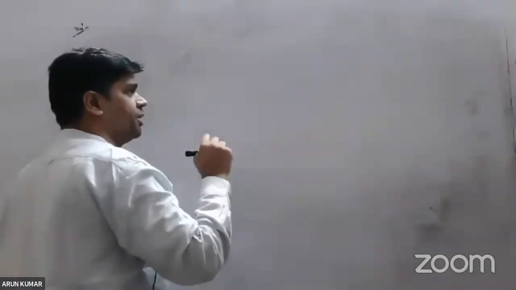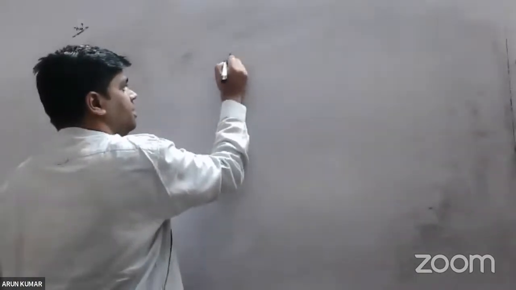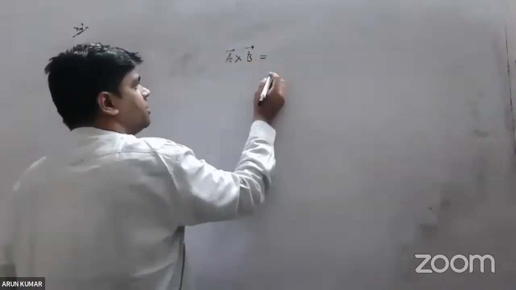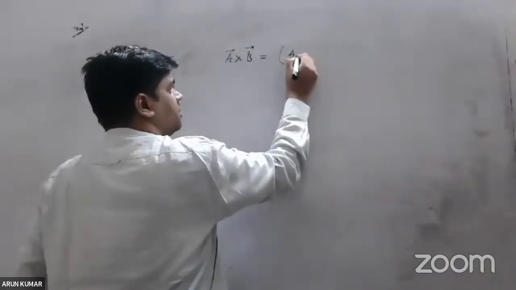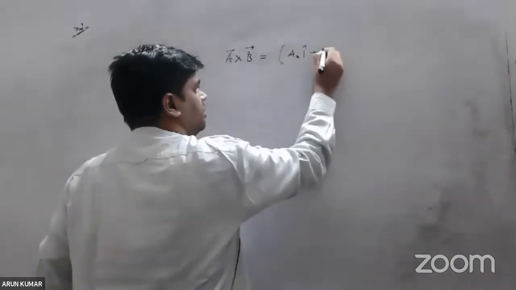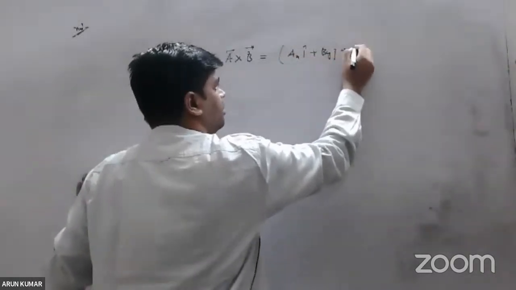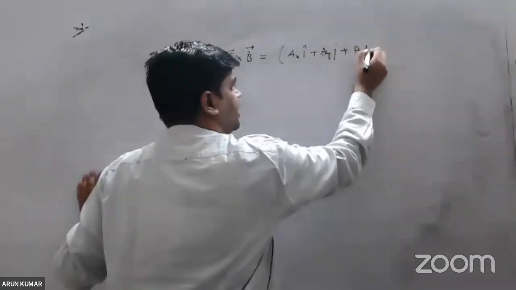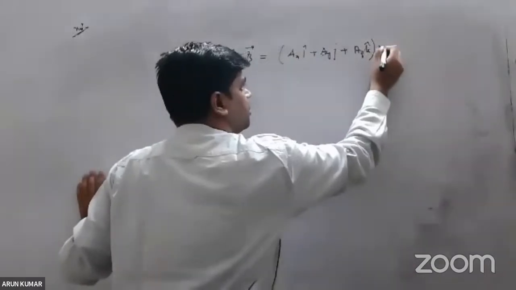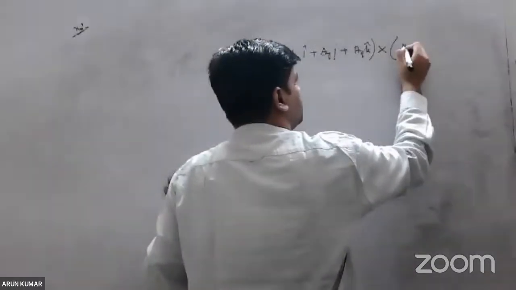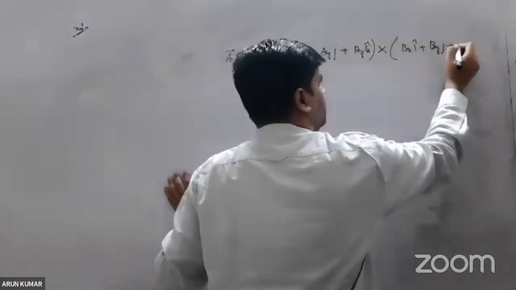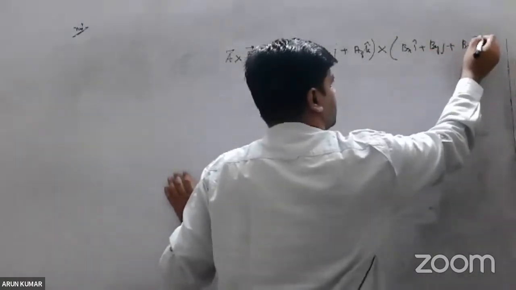All right, let's see the cross product now. How do I algebraically get the cross product of 2 vectors, ax i cap plus ay j cap plus az k cap, cross bx i cap plus by j cap plus bz k cap?